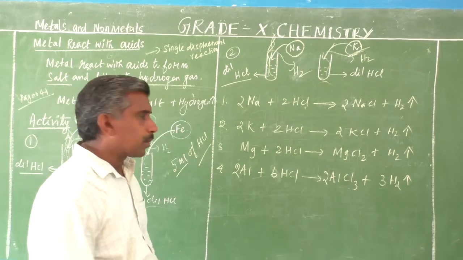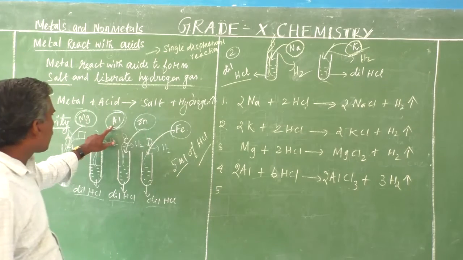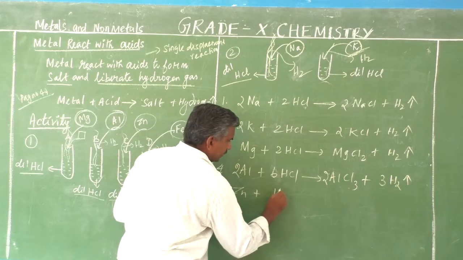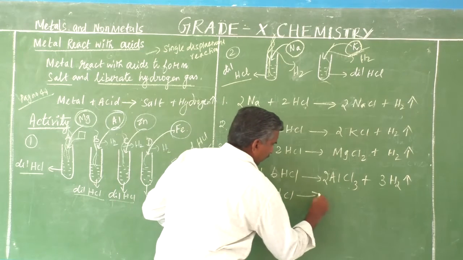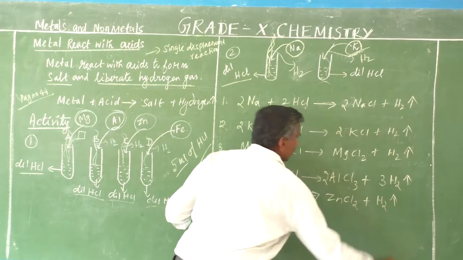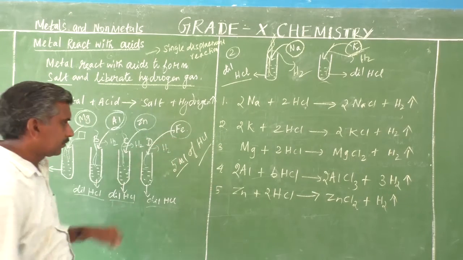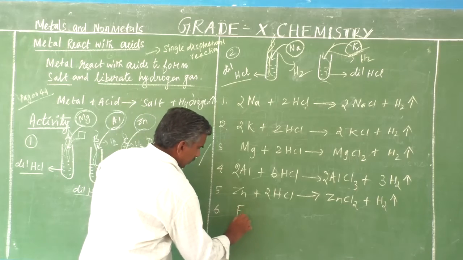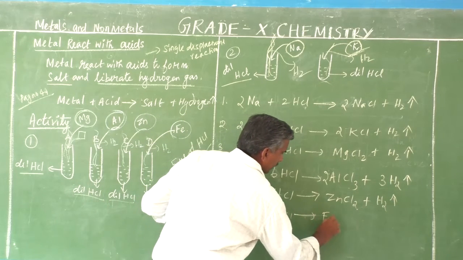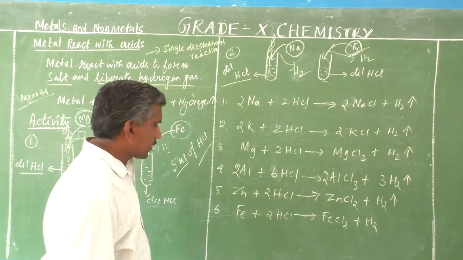Fifth, zinc: zinc reacts with HCl to form zinc chloride salt plus hydrogen gas. Finally, iron reacts with hydrochloric acid to form iron chloride salt and hydrogen gas is evolved.